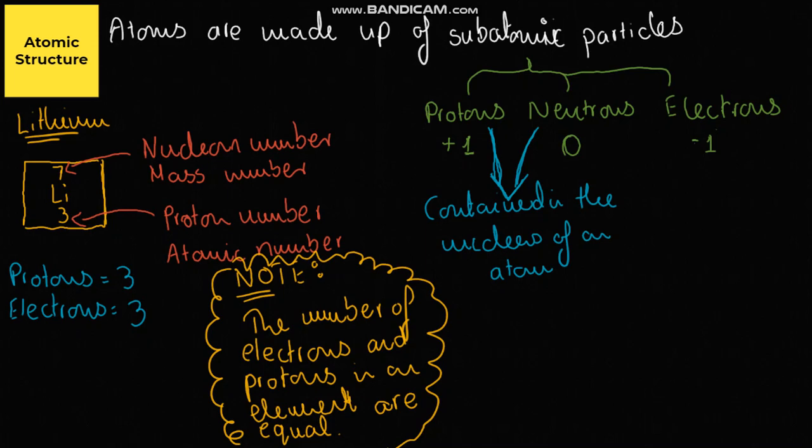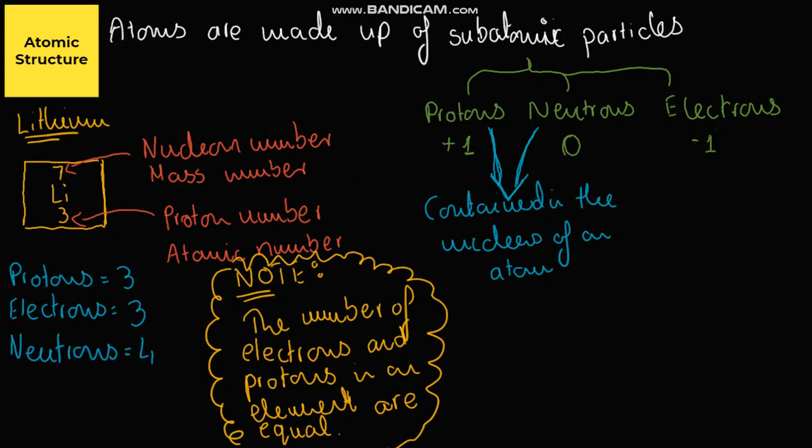If we have the proton number, we know how many protons there are. The neutrons would be the nucleon number minus the proton number, as in the nucleus there are only protons and neutrons. To find the neutrons, we subtract 3 from 7. So the number of neutrons is equal to 4.